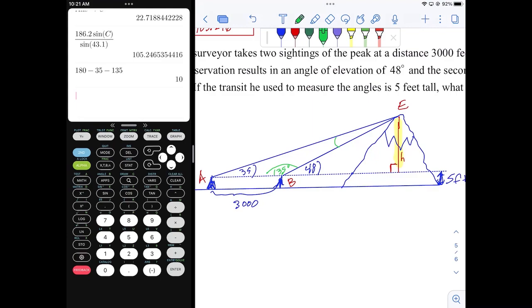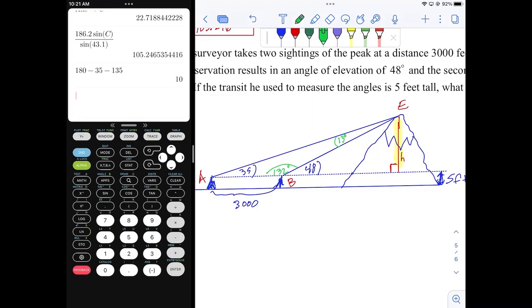So this would be 132. I don't know why I wrote 5. It's 13. Yeah. And that's about all the angles we can fill out there.